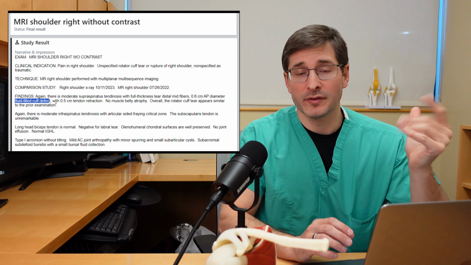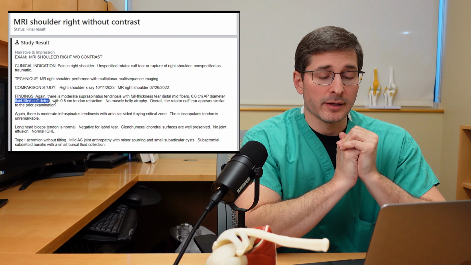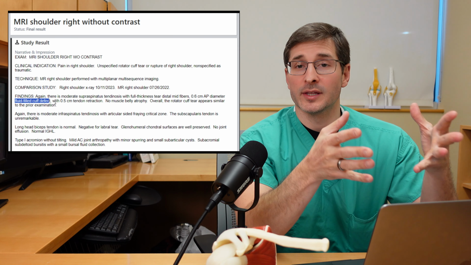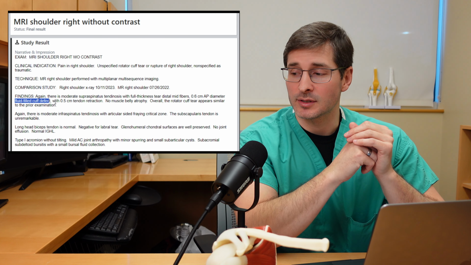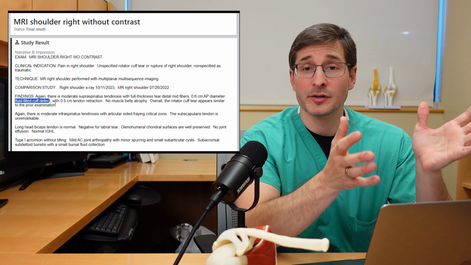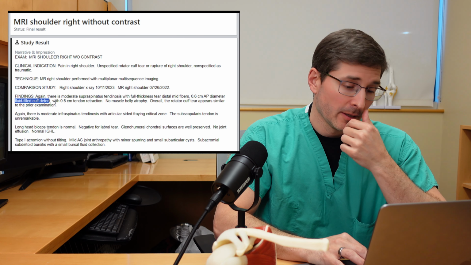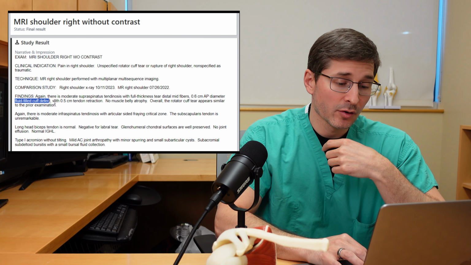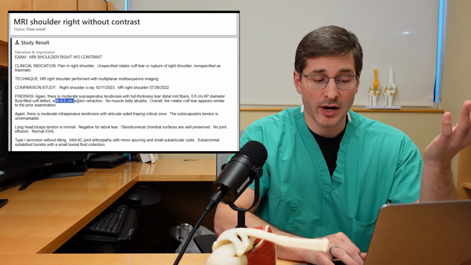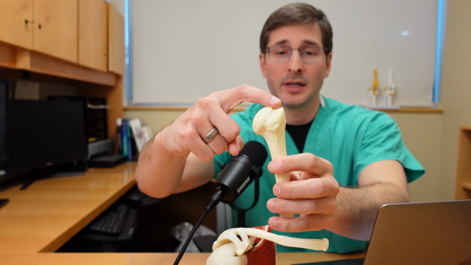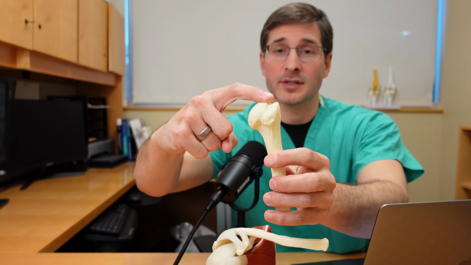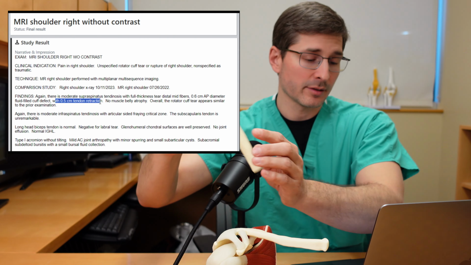And when they say fluid-filled, there's some fluid within the tear itself, and that can actually make it easier to see some types of rotator cuff tears. They see 0.5 centimeters of tendon retraction. So they're referring to the tendon attachment to bone, and it's retracted about 0.5 centimeter, so about 5 millimeters.